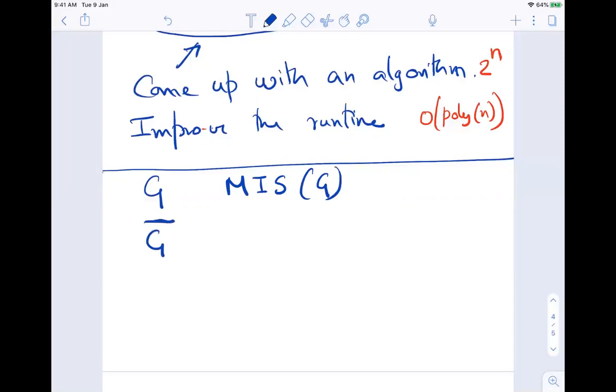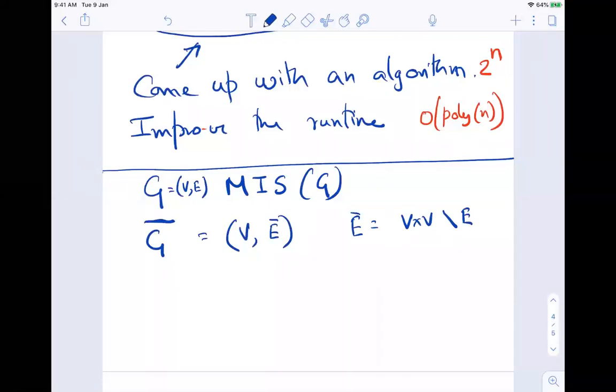Now you know what G bar is, right? If this graph is V comma E, then G bar is V comma E bar, where E bar is V cross V minus E, set minus E. And somebody told me about the clique.